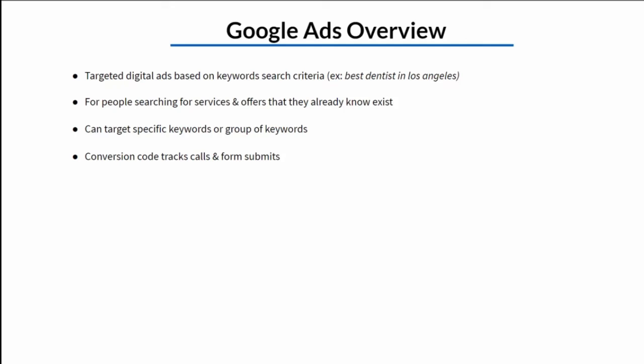We can create audiences. We can create different metrics. We can see how many leads have been submitted, how many purchases have been made. The conversion code is essentially the same thing, however, on Google, right? And we're tracking all the different metrics, the calls, the leads that are coming in, purchases. So just think about the conversion code as the equivalent of the Facebook pixel, okay?